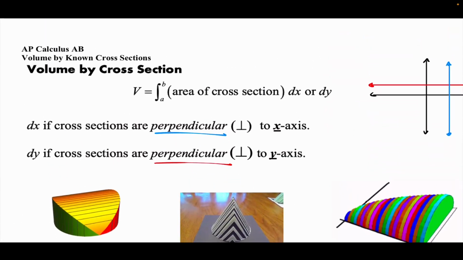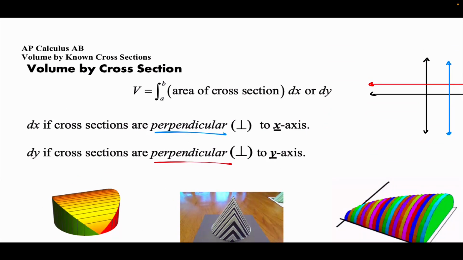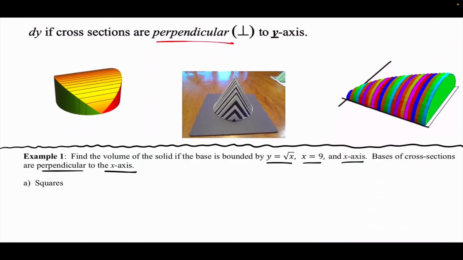Find the volume of the solid if the base is bounded by this guy and that guy. And it tells us the cross sections are perpendicular to the x-axis. Perpendicular to the x-axis means dx.